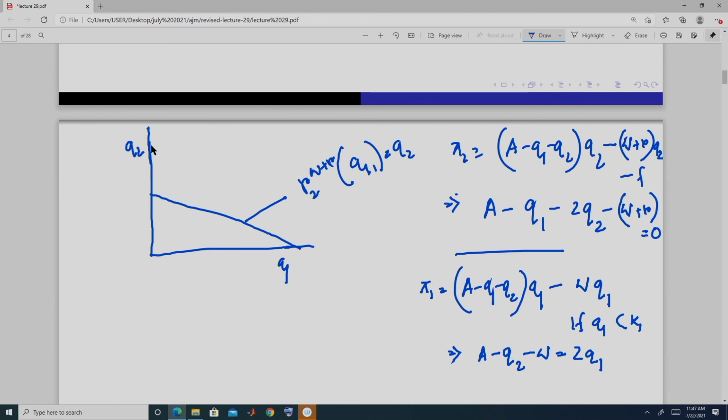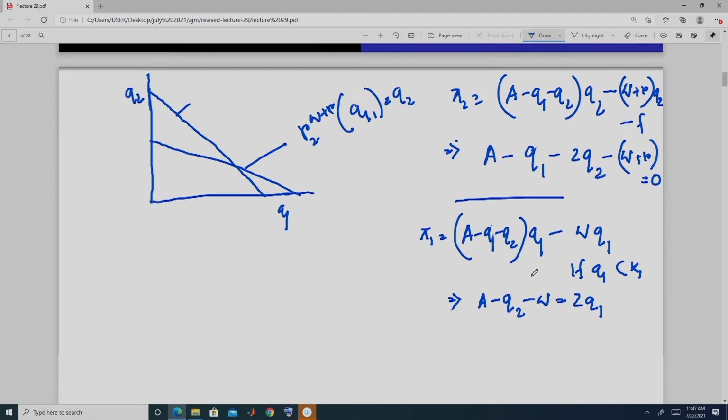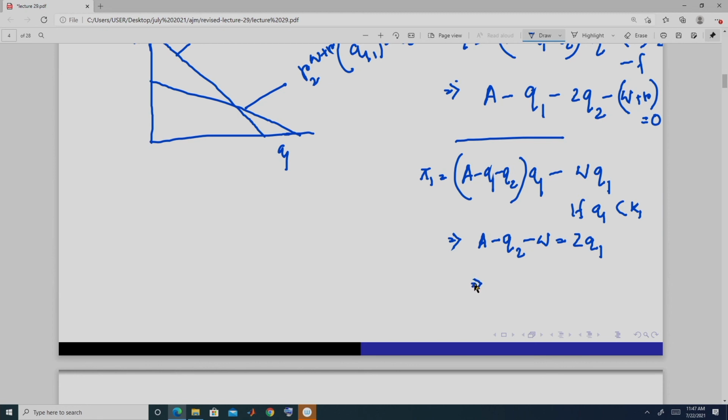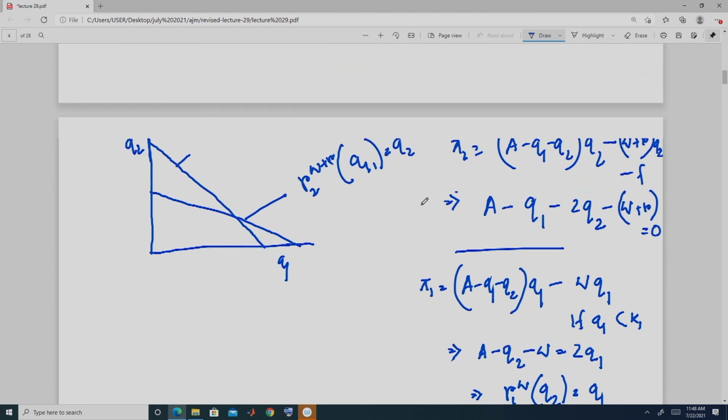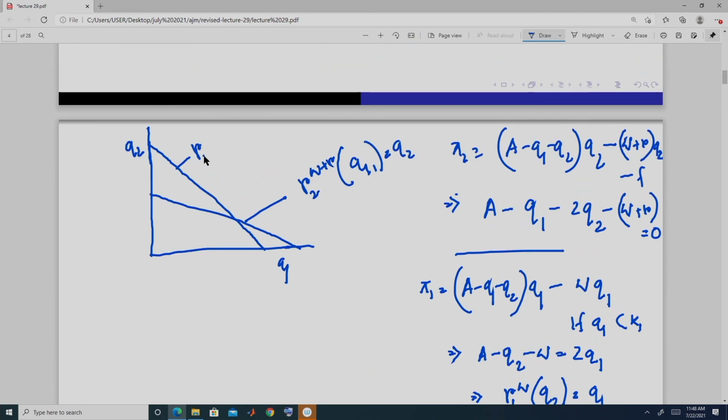This is the reaction function. If it is this, suppose some K is big enough.